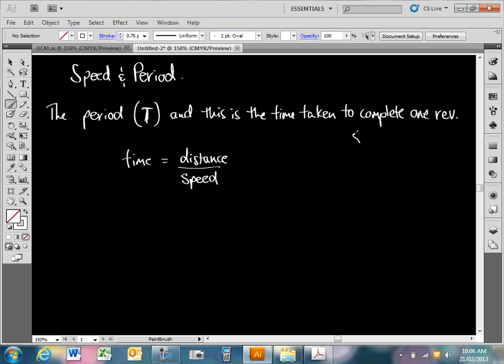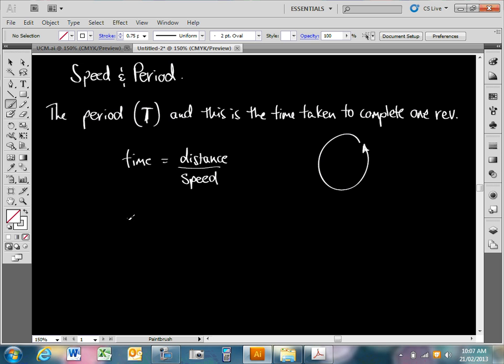Remember, we're looking at an object in uniform circular motion: constant speed, changing velocity. The time it takes to complete one revolution is the distance divided by the speed.